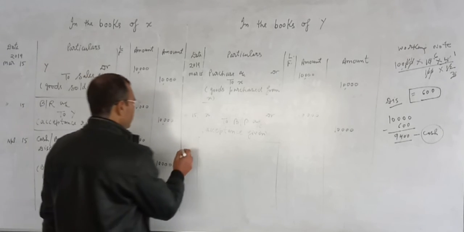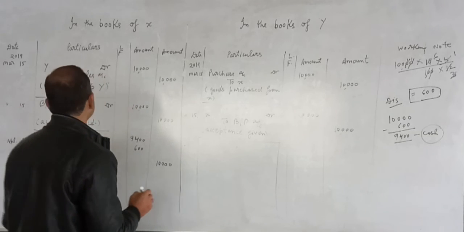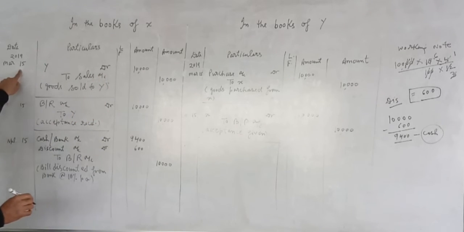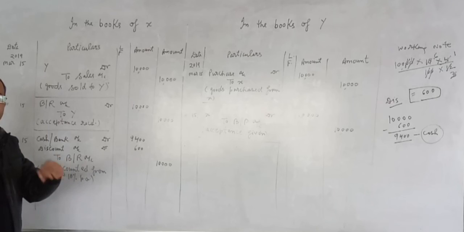Okay. So we will write here the date of maturity. What will be the date of maturity? As we have discussed, from 15th of March we will count the 4 months. After 15th of March, April, May, June, July. 15 July, and we will add 3 days. 15 plus 3 is equal to 18 July.